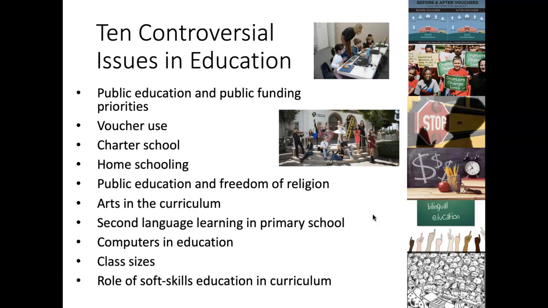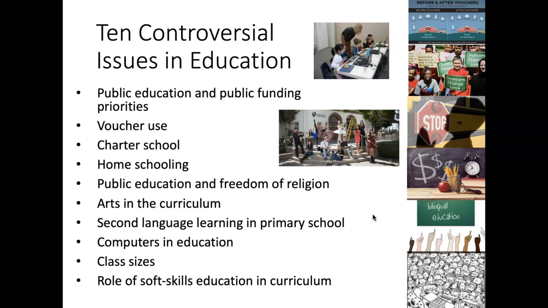The next controversy is second language learning in primary school. How do we do that? Is it bilingual education? Is it immersion into the English language right away? Is it education in the child's home language, bridging to the English later on? All three of those are different models. There's huge controversy on which one makes the most sense.